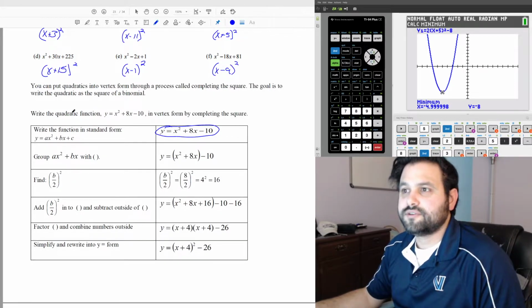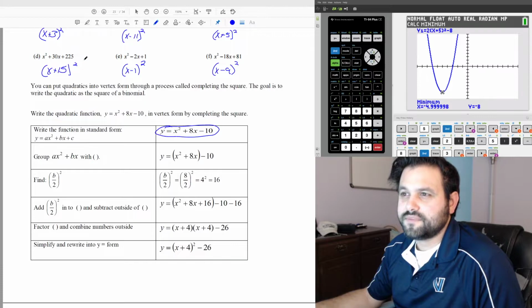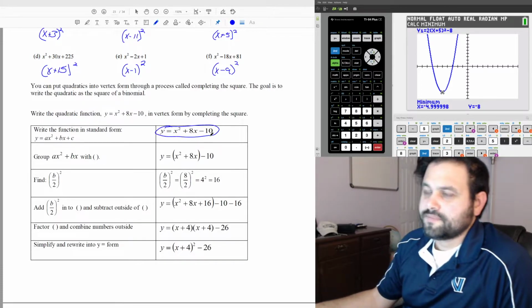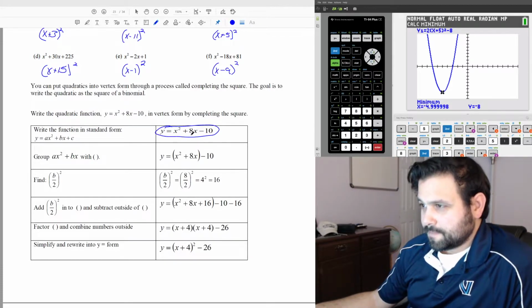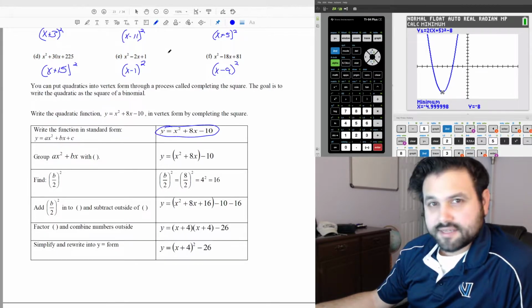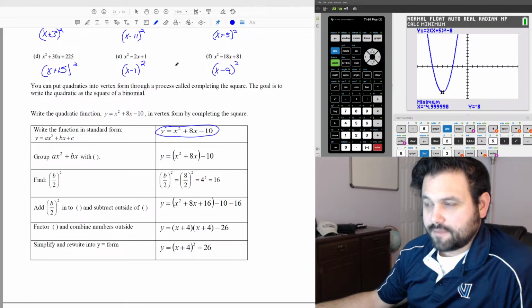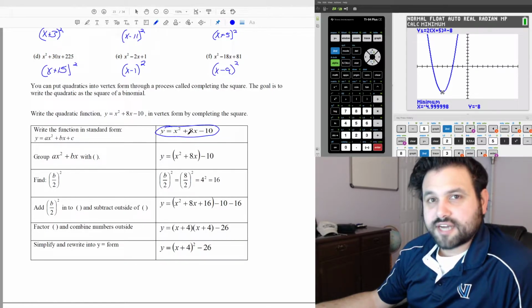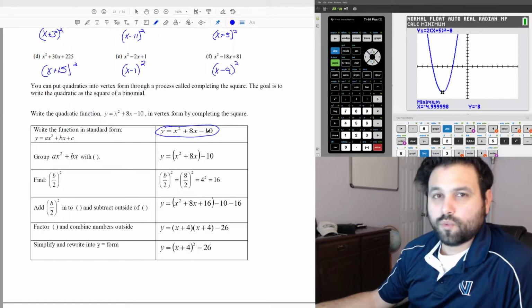We're going to do that so that we can create something that looks exactly like this, right? Because I probably should have mentioned this before. If we're starting with this, I can't just do what I did up there, right? Because half of 8 is 4, but 4 times 4 is 16. It's not negative 10, right? So this doesn't work.